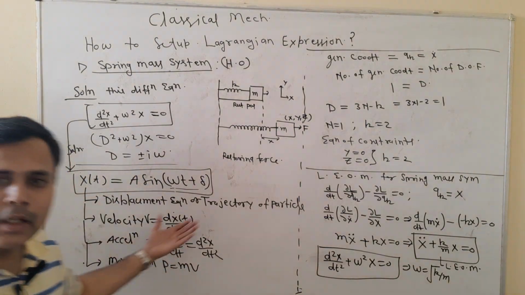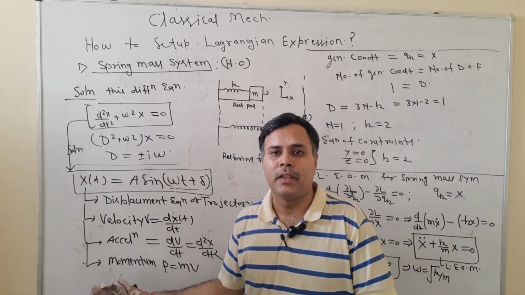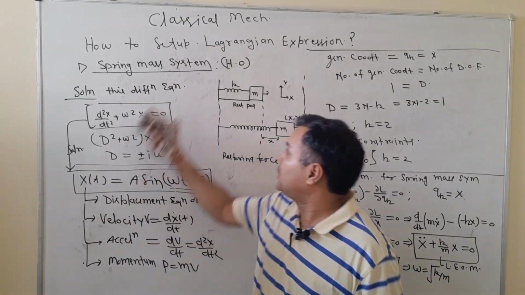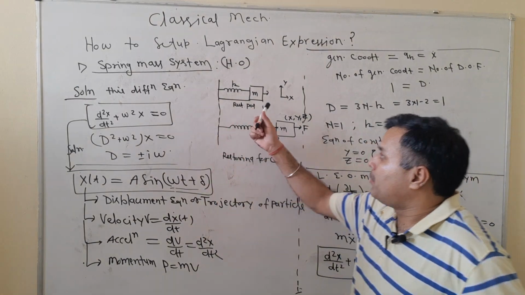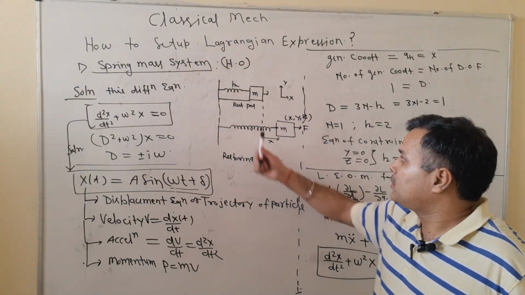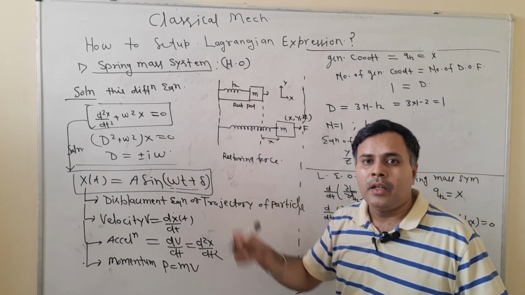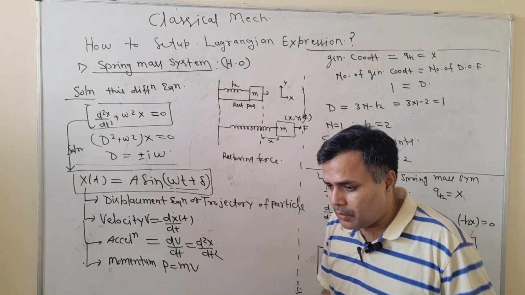So these are the mechanical parameters, and this is the objective in mechanics, and this is known as the mechanics of this spring mass system, or mechanics of this physical system. A simple spring mass system is known as a harmonic oscillator. So we can find out a lot of information in classical mechanics.